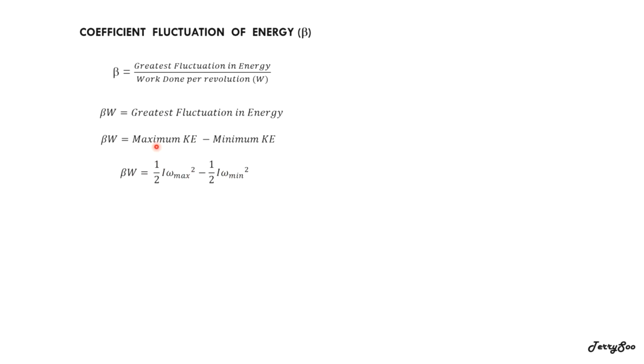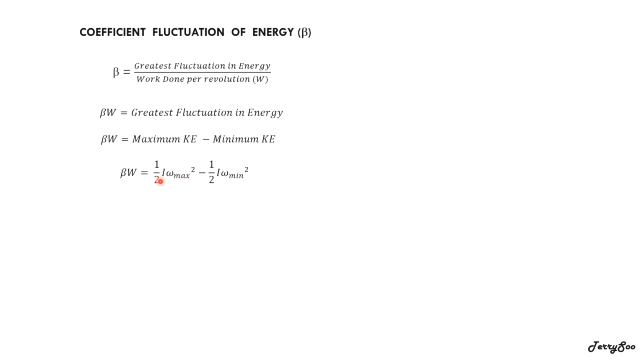And we know that maximum kinetic energy we can find by taking half I omega squared. Remember, angular kinetic energy is equal to half I omega squared. I is the moment of inertia, which is measured in kg meter square, and omega is the angular speed, which is measured in radians per second. So this will give you the maximum kinetic energy, and this will give you the minimum kinetic energy, based on maximum speed and minimum speed.